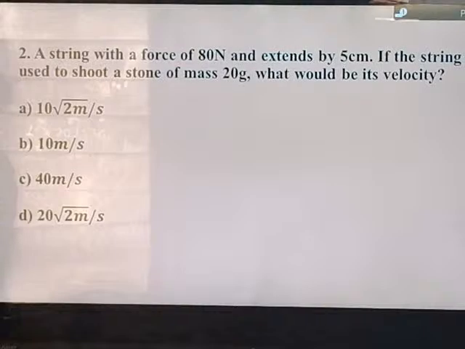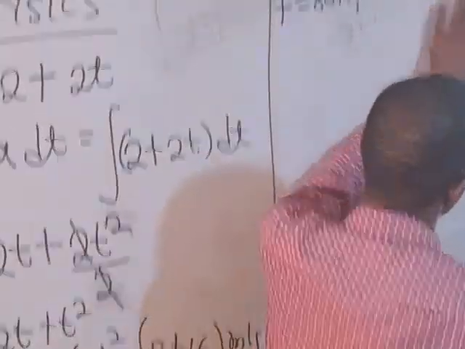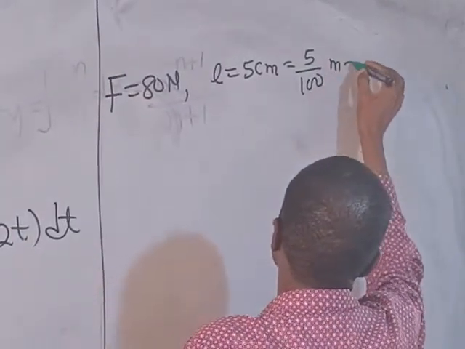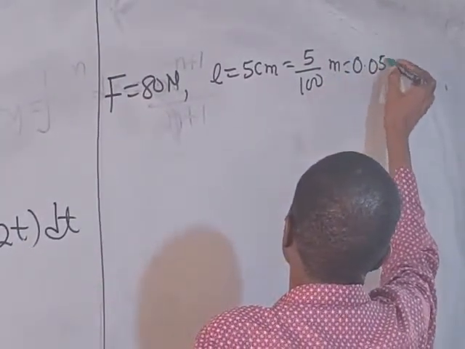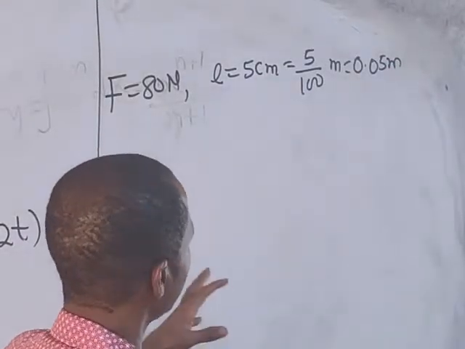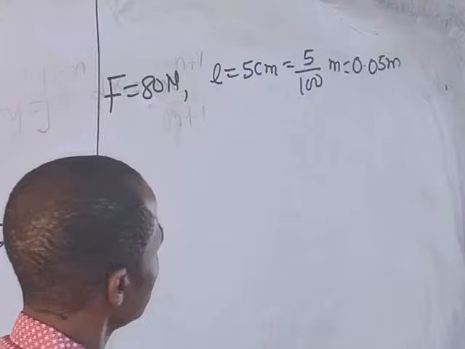So extension is equal to 5 centimeters, and we know this 5 centimeters cannot be left there. We have to convert it to meters. That gives us 5 all over 100 meters, that's 0.05 meter. So always ensure that in questions like this, you convert centimeters to meters.